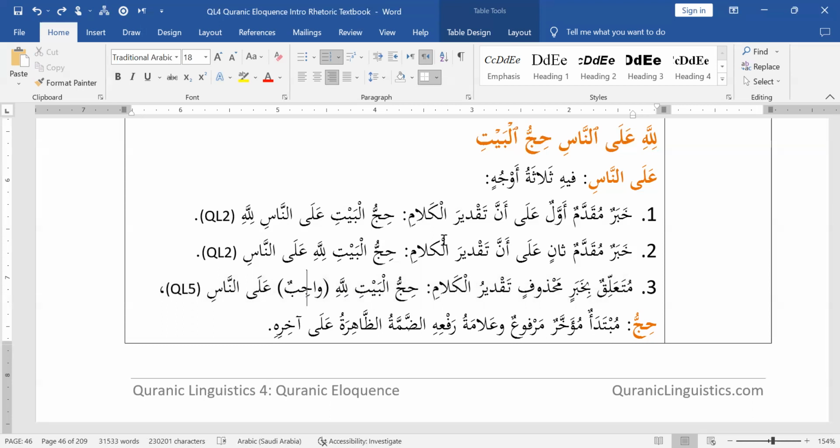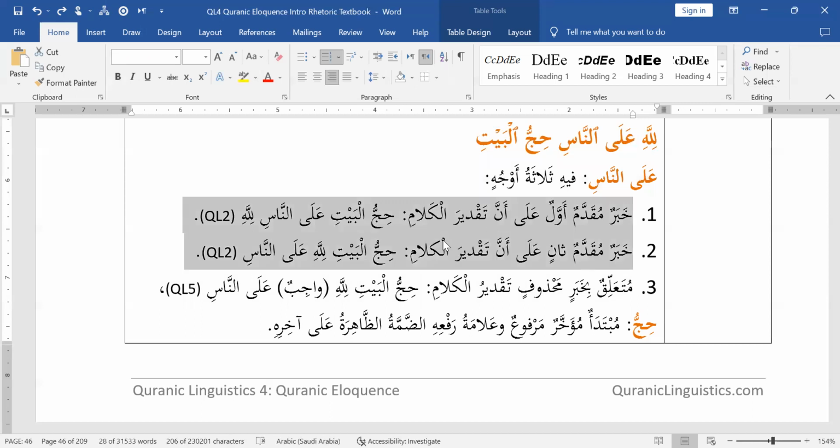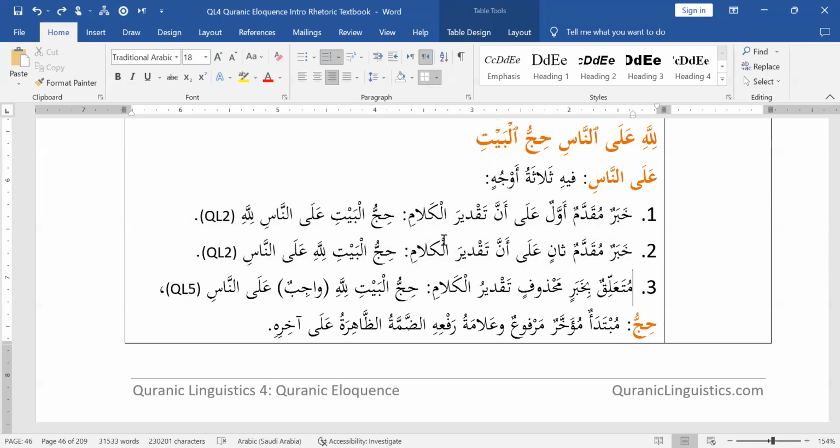So this expression gives us the idea of wajib. So this is an advanced understanding, that's why it says QL5 here, whereas this one says QL2. So there are three possible ways to look at ala nas grammatically. QL2 understanding, just call it khabar, muqaddam, awwal or thani. QL5 understanding, no, this is not khabar, this is linked to a hidden or implicit khabar, which is wajib.